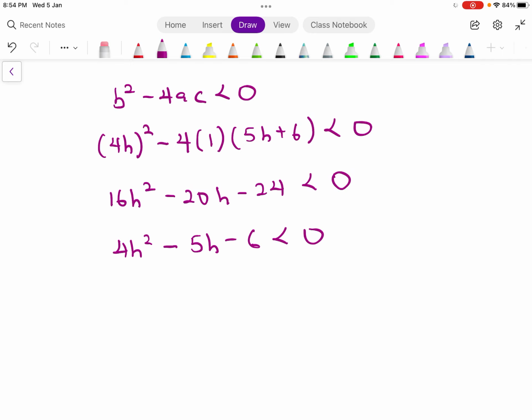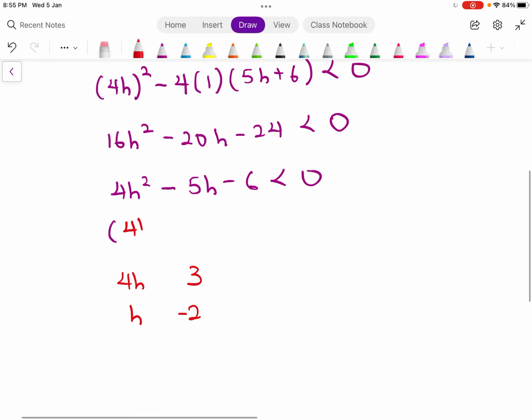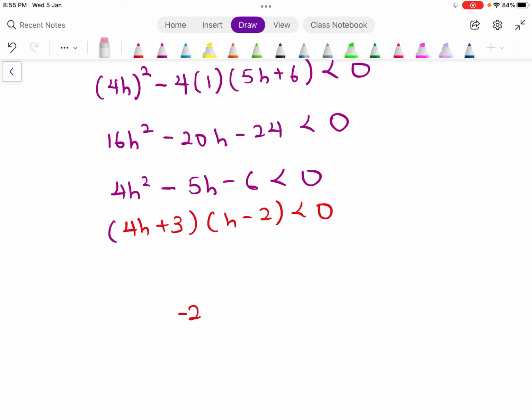So I do my factorization first. Right, so I did my quadratic factorization: (4h plus 3)(h minus 2) less than 0.